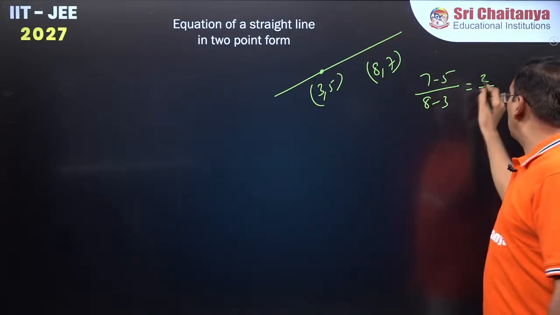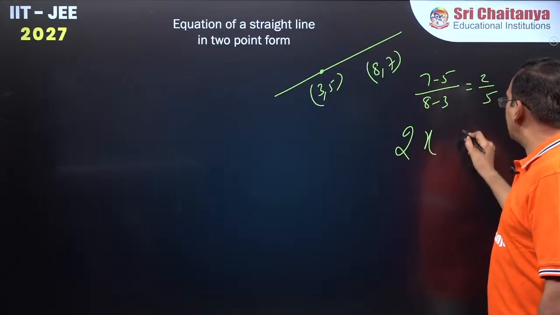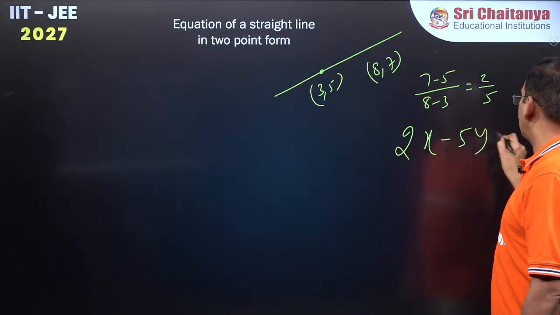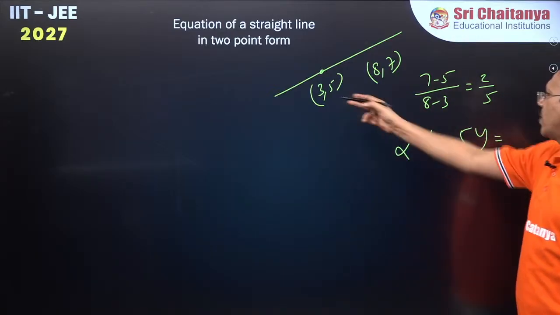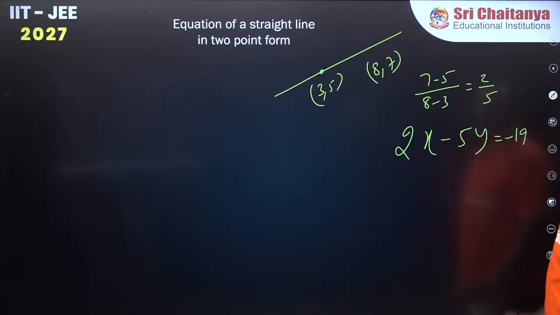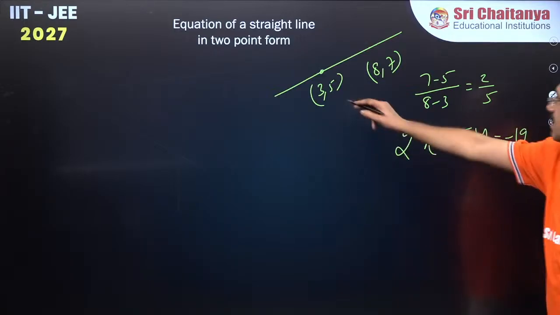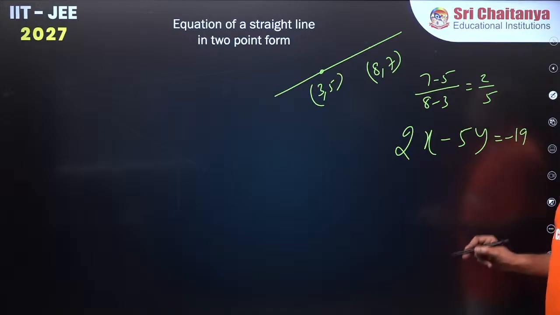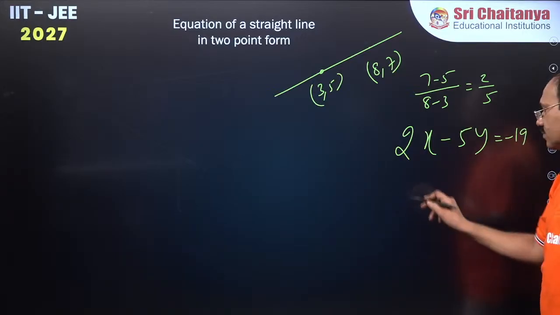Slope and point are known. This is the x coefficient, this is the y coefficient with opposite sign. Substitute one of the points, 3, 5: 6 minus 25, minus 19 is the answer.